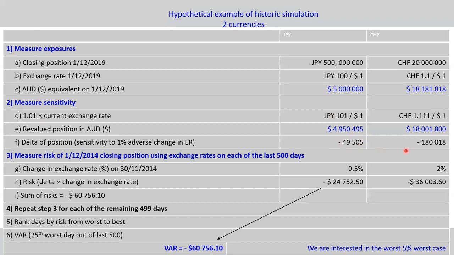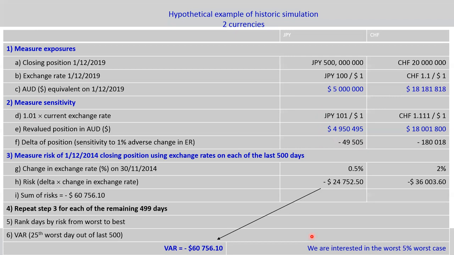Now, if I know this is a 1% change, I will just take the list of all this Japanese yen and Swiss franc for the past 500 days. And when I take it for the past 500 days, I will see how much the change is. Is it 1%? Is it 50 basis points? Is it 30 basis points? Which means the depreciation in the yen and the depreciation in the Swiss franc. How much was the change or the increase? And I multiply it by the delta. And I have to list it. Then I will have 500 observations.